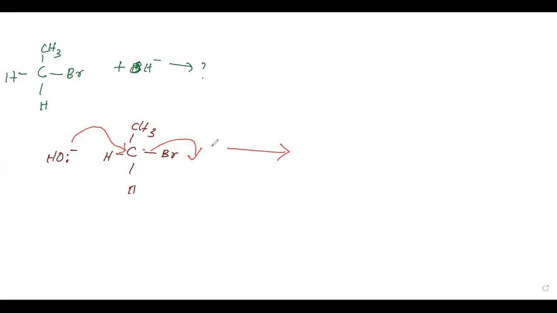It happens in one step because this is the primary alkyl halide. So you will end up with CH3OH. This will break and this is attached. Your hydrogen is here. This is OH. This is one step. This is for reaction one. And you will end up with what?